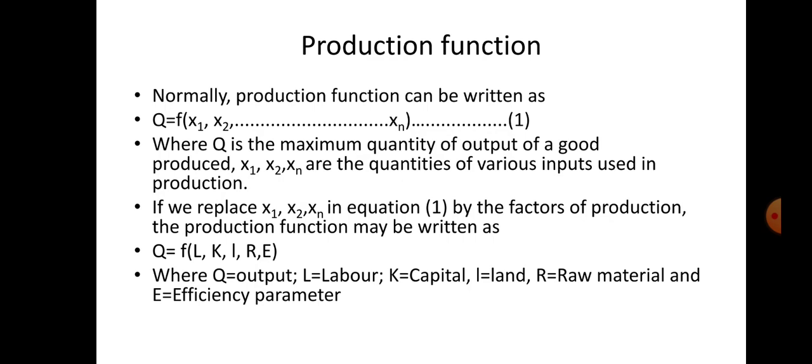Q represents the physical quantity of output or commodity produced per unit of time, and f denotes the functional relationship between A, B, C and D till N, that is, they represent the quantities of various inputs, that is productive factors, per employed time period. And T refers to the prevailing state of technology or know-how, that is, it is placed there just to indicate the technology is assumed to be constant.